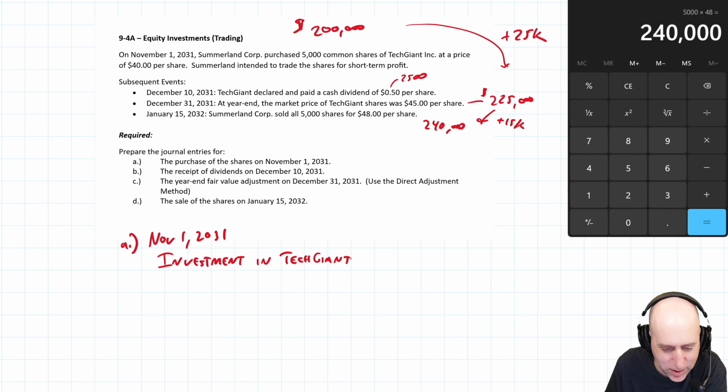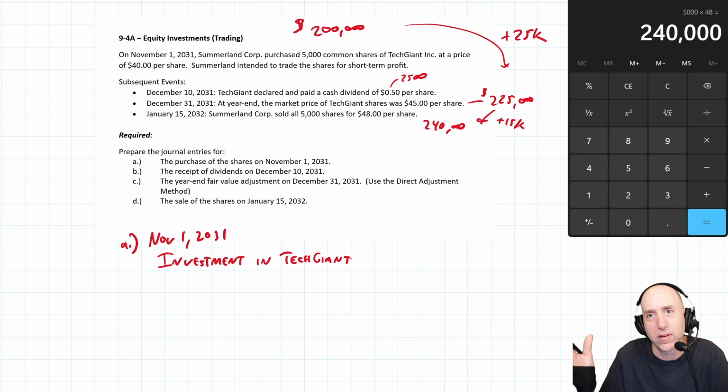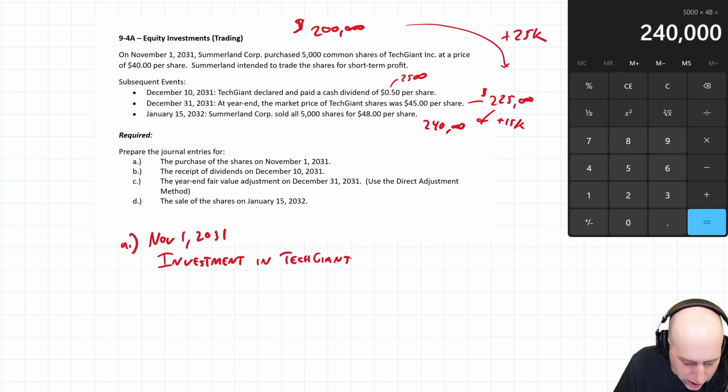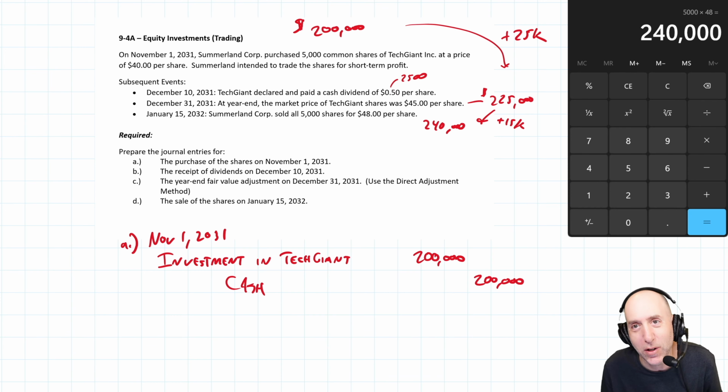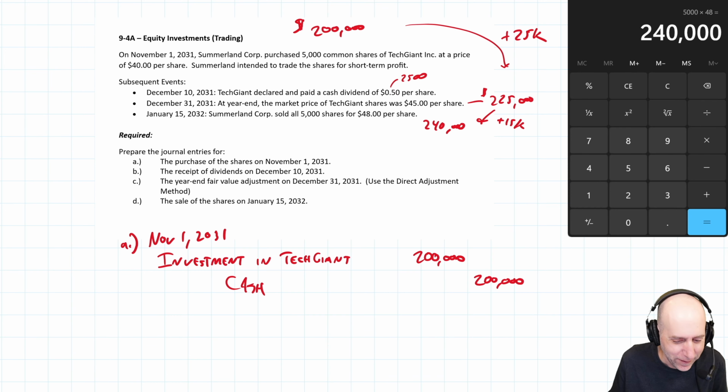I like to just name the company, and on the financial statements I'll just have one summary account that says equity investments. But investment in TechGiant, and the amount here was $200,000. Okay, what's my credit? Cash. Unless it tells me otherwise, I will assume I bought the investment for cash. I will assume they did not take a trade or something like, I sent them a car. No, you buy investments with cash. Even if it doesn't say that, that should be the assumption.